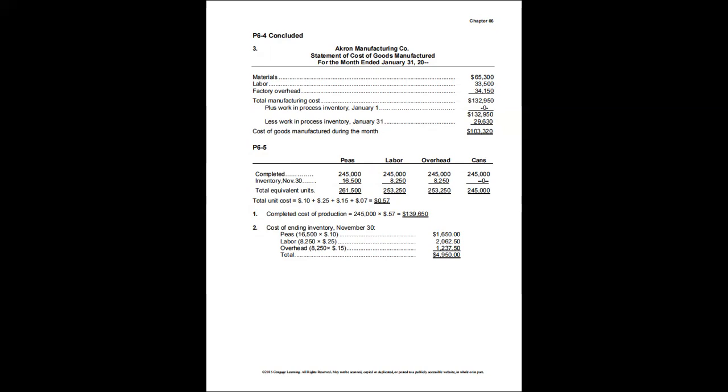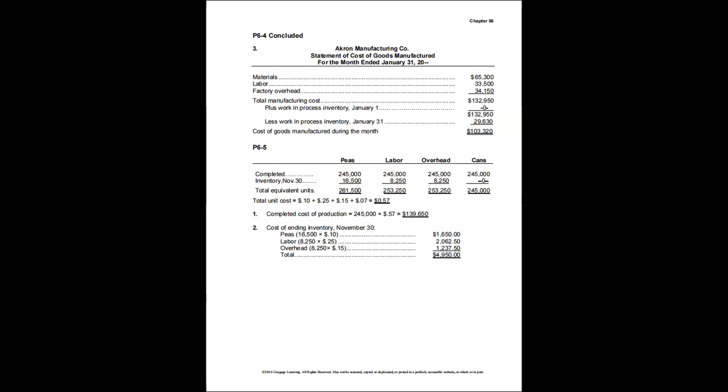So, for the given data in the problem. Then we have the total manufacturing cost, no work in process beginning, but we have the ending amount of 29,630. The difference is cost of goods manufactured during the month. So we now get the amount as required in the problem. Prepare a cost of goods manufactured.